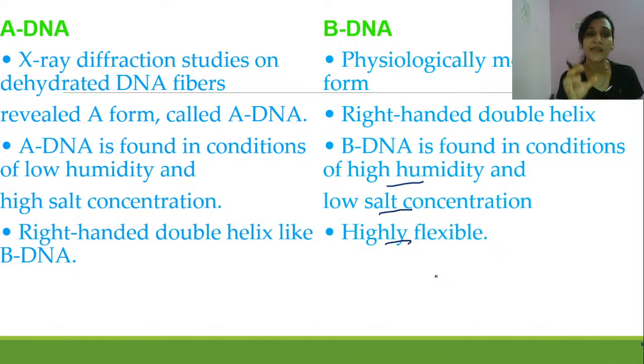It is right-handed double helical and it exists in high water concentration, low salt concentration, and the most important thing about it is that it is highly flexible. That's why at various stages of the cell cycle, you can observe the chromosomes in different forms. Right?